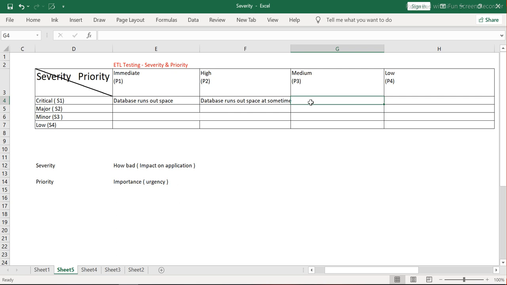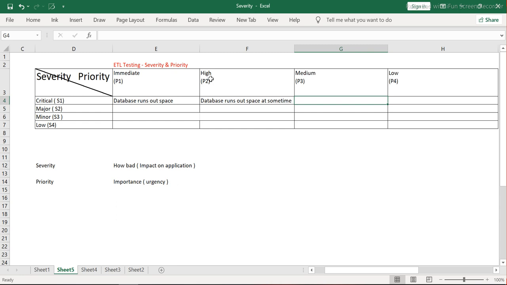Medium means you can still wait for a few days to fix it, right? Because you don't need to fix it immediately. So I'll tell you that kind of example. Let's say there is one ETL job, and when you run it, it always fails on the first run, okay? But when you try to rerun it, it will always pass, right?